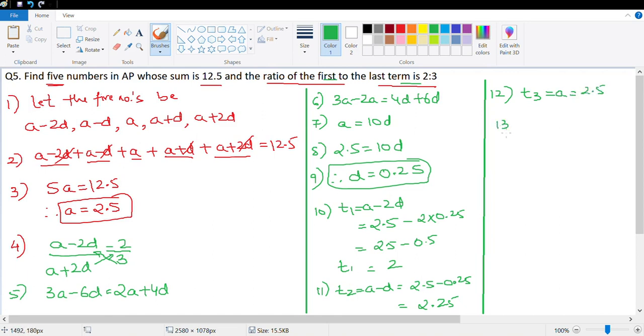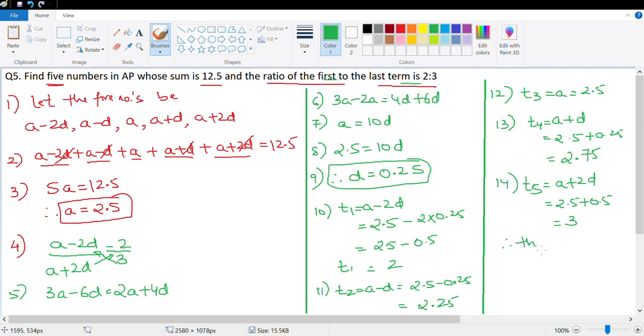Next, fourth term is equal to a plus d, which is 2.5 plus 0.25, that's 2.75. And the last term, T5, is equal to a plus 2d, which is 2.5 plus 0.5, which is 3. Therefore, the terms are 2, 2.25, 2.5, 2.75, and 3.